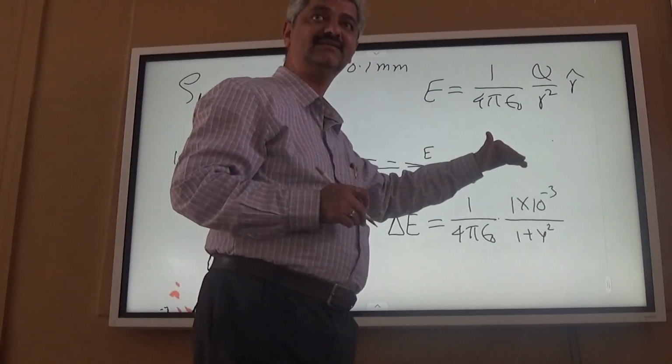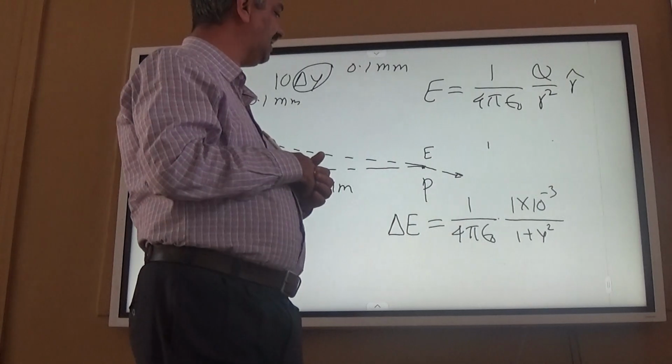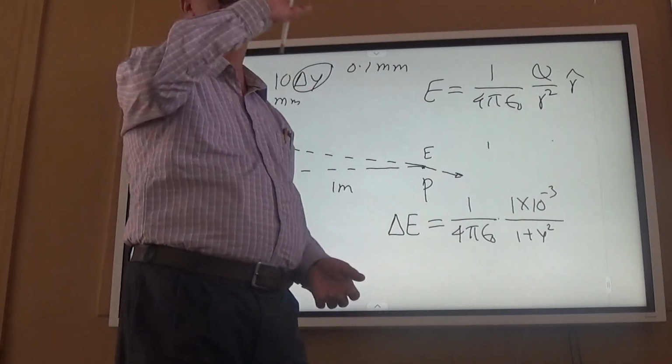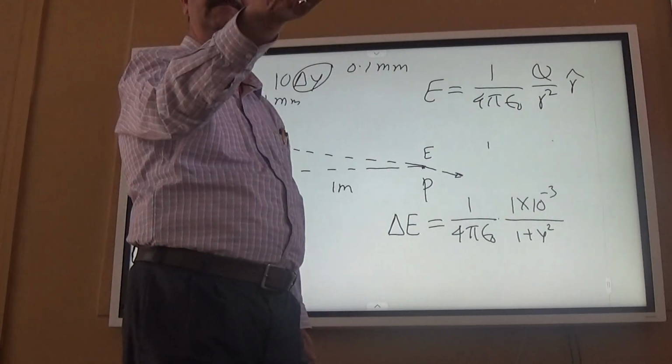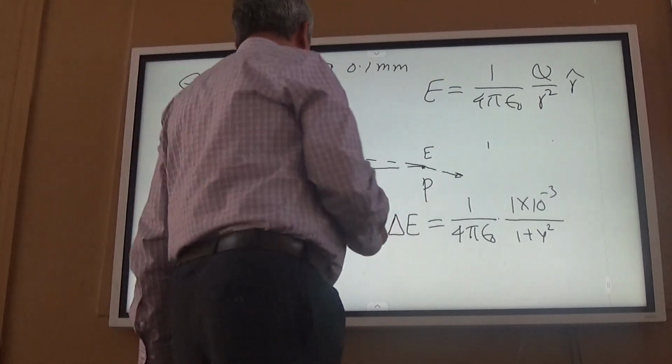And what is the direction? This direction. Now, instead of only delta E, I can compute its x and y components. So what is delta Ex?